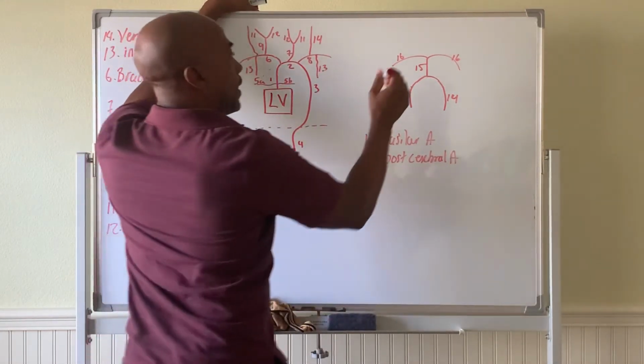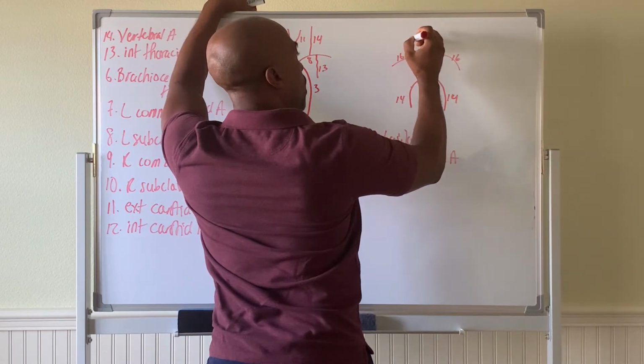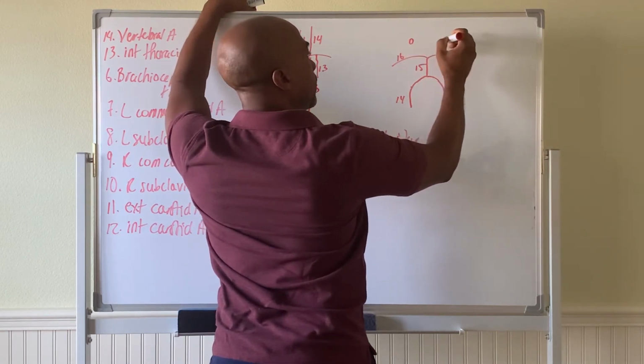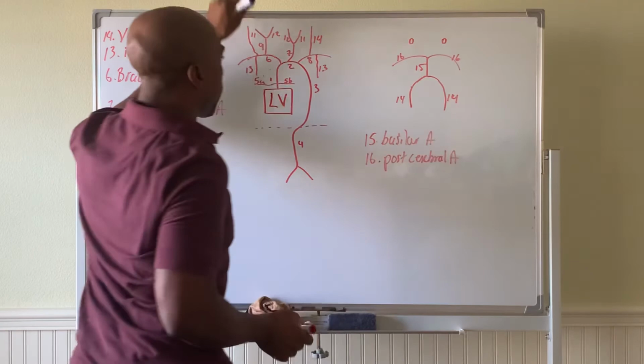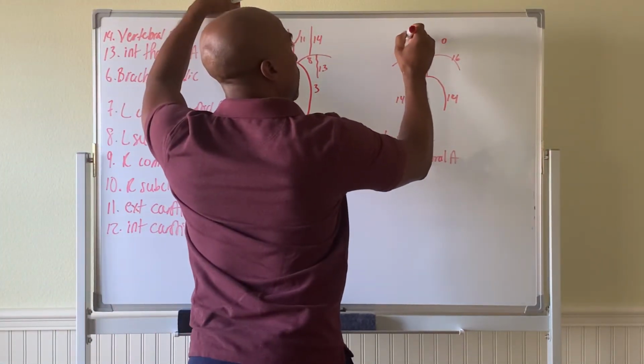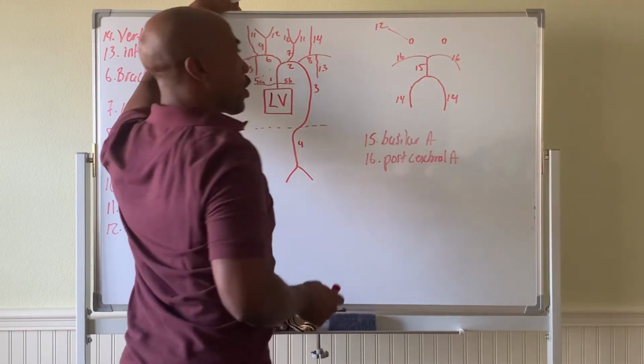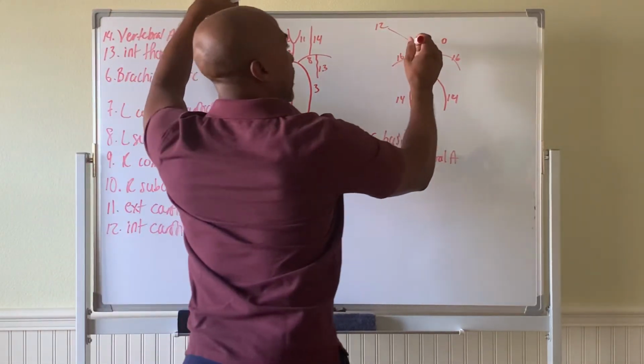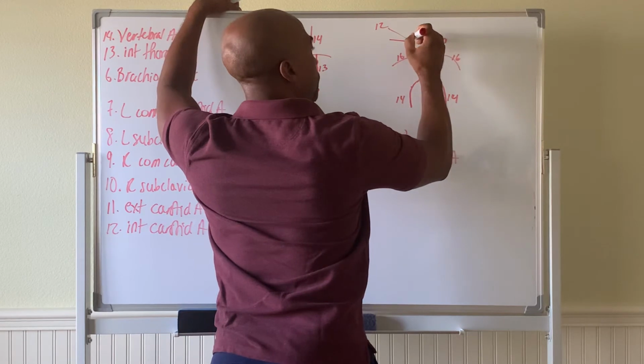Okay. And then the internal carotid artery also comes in. So this is marking where your number 12s come in. Your internal carotid arteries come in, and then they will form two vessels, like so.